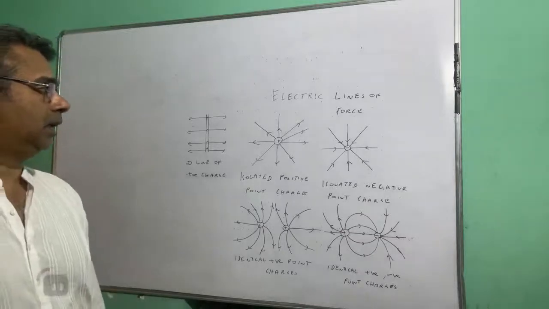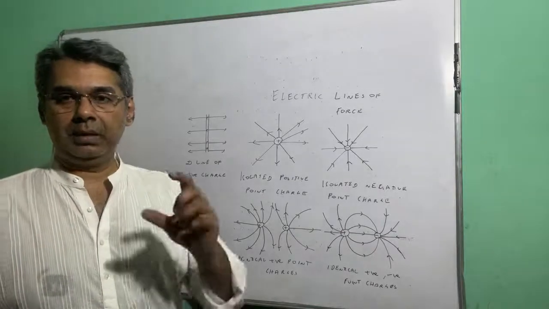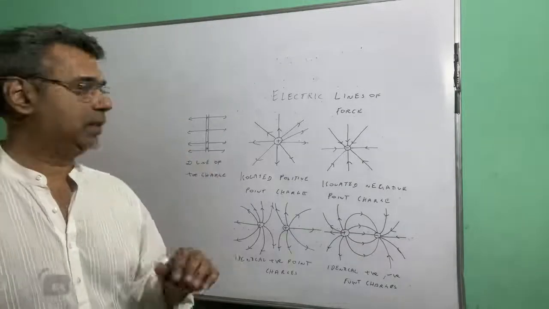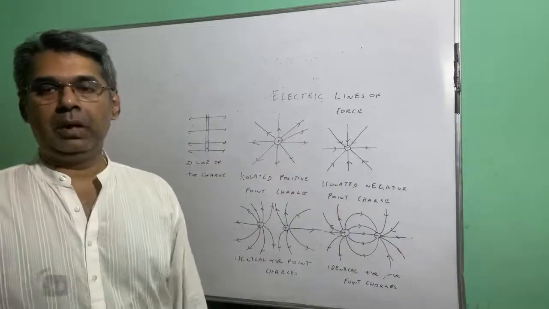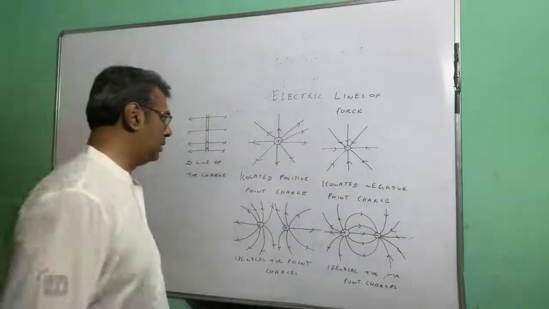Now for these diagrams, we will have to make a list of the properties of the lines of force. If you look at all of them, what are the common properties?